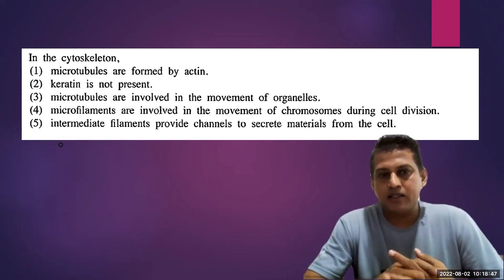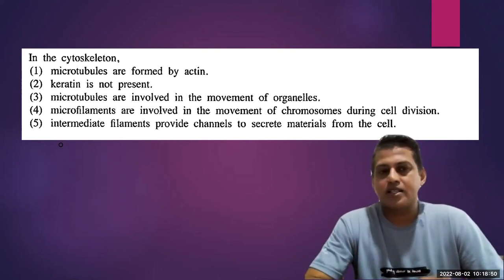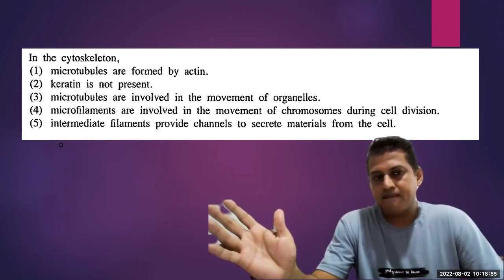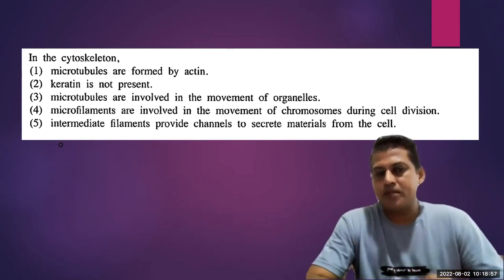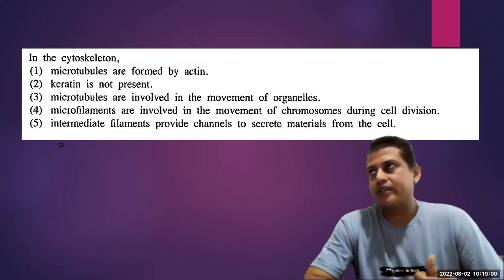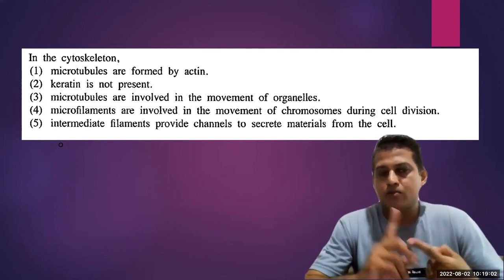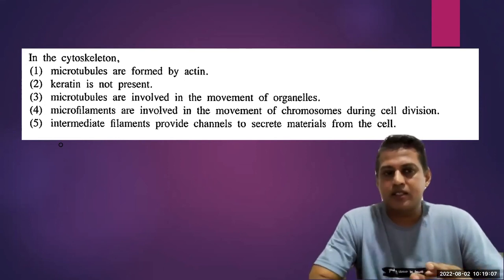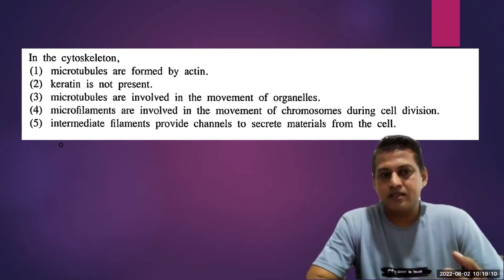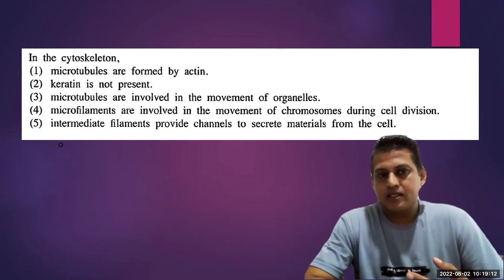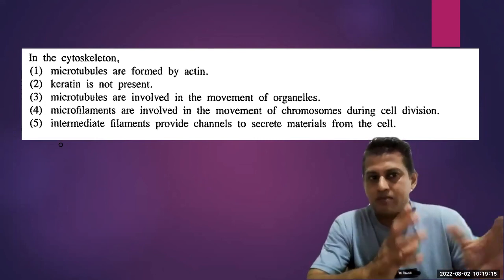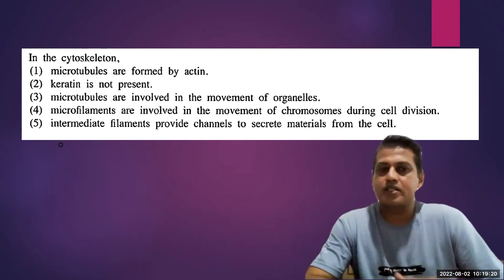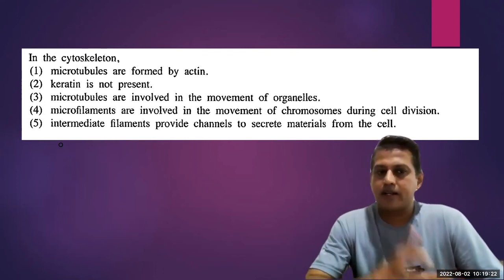The correct sentence is microtubules are formed by tubulin. And intermediate filaments are made out of keratin. So microtubules, tubulin; microfilaments, actin; intermediate filaments, keratin. So different proteins make these three different structures. So keratin is not present is wrong. In the cytoskeleton, keratin is present.